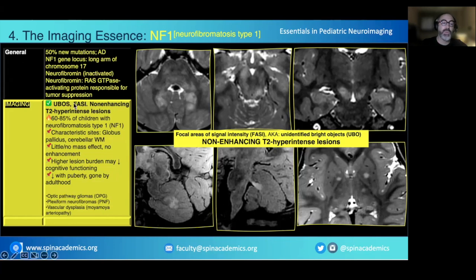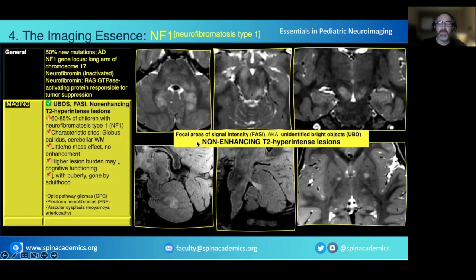But the main characteristic of NF1 in the brain are these types of lesions. Maybe you will find in the literature UBOs or FASI, which are called focal areas of signal intensity, that's FASI, or unidentified bright objects, that is called UBO. Personally, I don't like these names because sometimes they are only confusing.